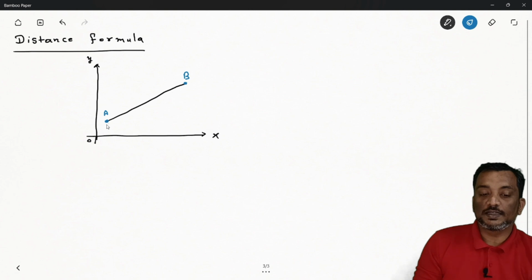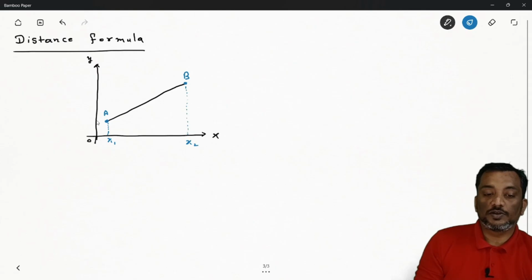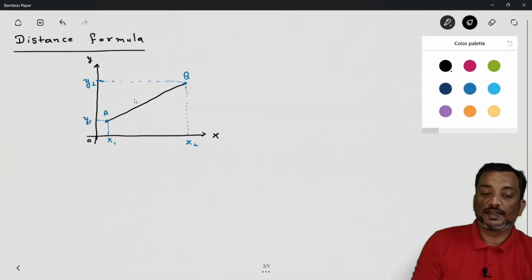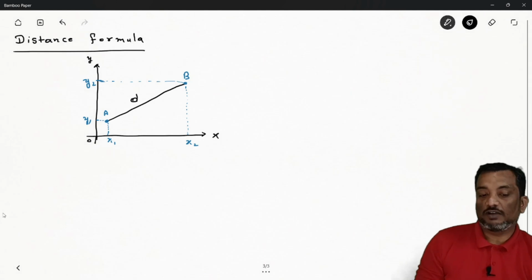This point A has x1 and this has x2. Here this is y1, and the vertical second point is y2. Hope you understand this much. We have to find the distance between A and B. So how can we find the distance?